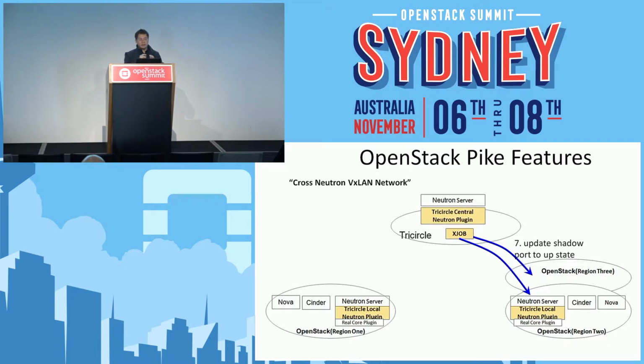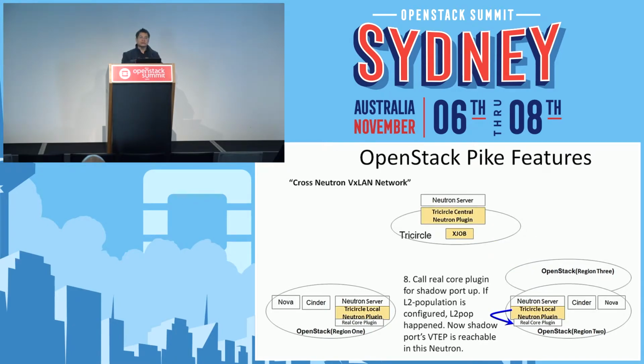Because when the port status becomes up, the local Neutron will start the L2 population. And the real core plug-in, which is called by the local Neutron plug-in, will start the L2 population.